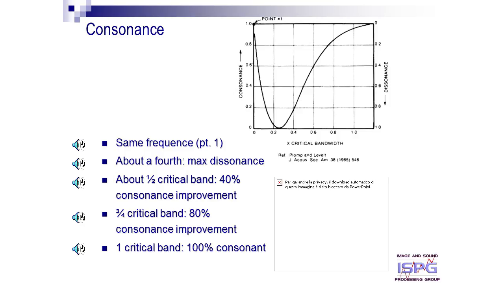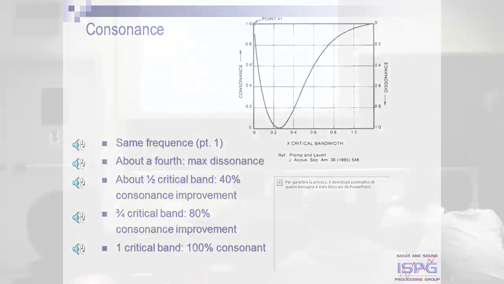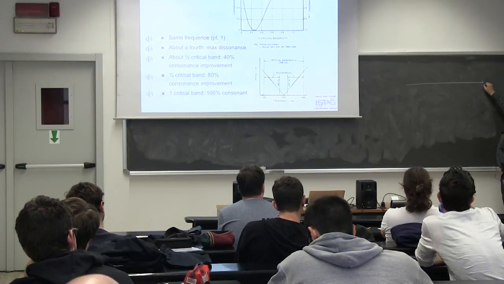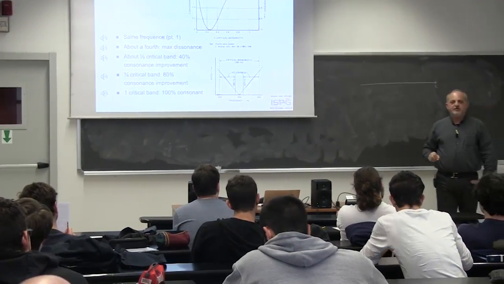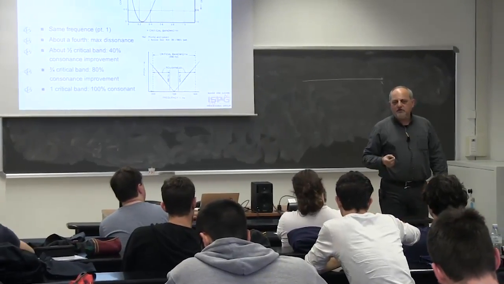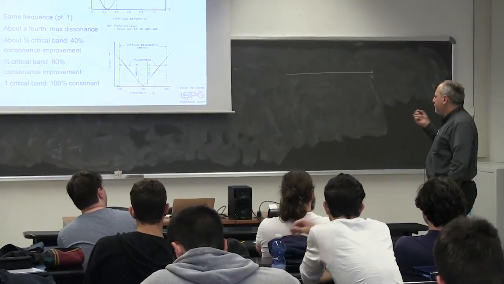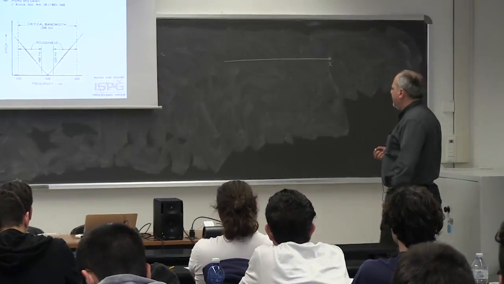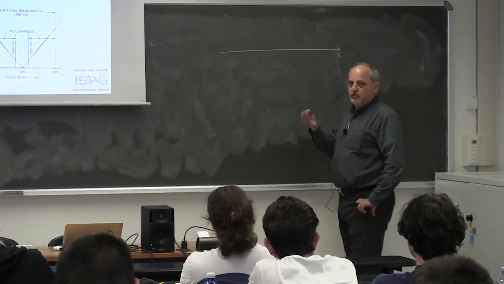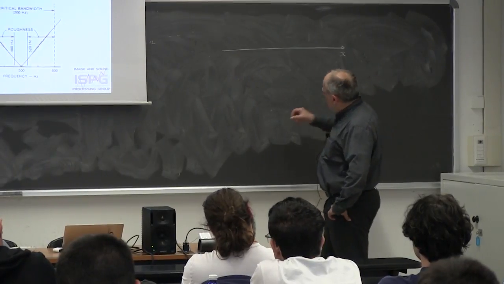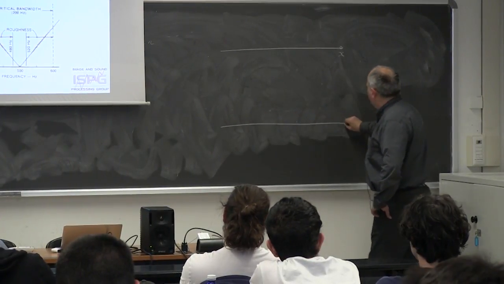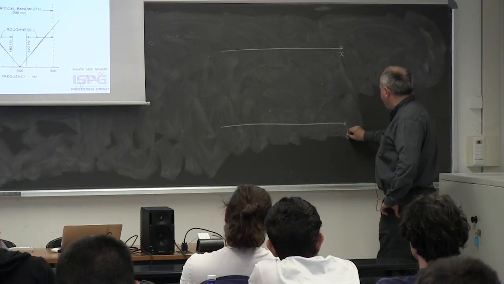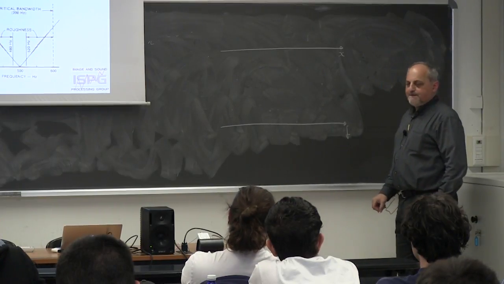Okay, so here's the basilar membrane. We indicate the geographic position on the basilar membrane using x, expressed in millimeters, just to give an idea. If I produce, and let me use another axis here, okay? The other axis is f, frequency.